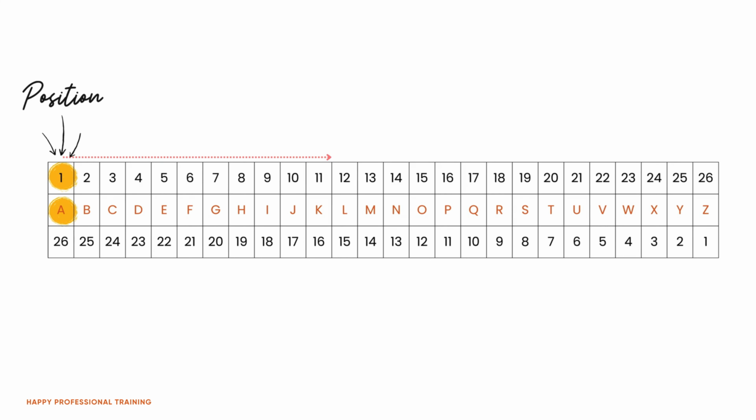Start with A, which is 1, then B is 2, C is 3 and continue up to Z, which is 26. You should also note the reverse positions where A is 26, B 25, C is 24 and so on to Z, which is 1. This will make it easier to recognize patterns and solve questions faster.